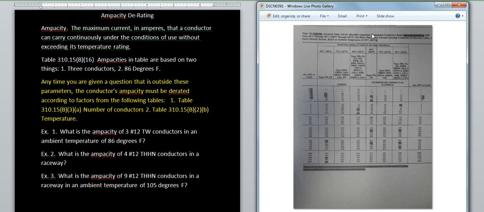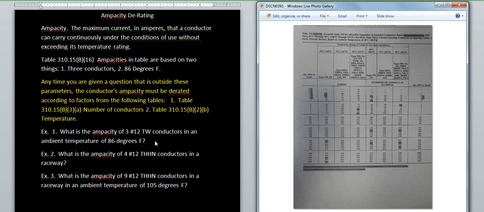If you read the table heading, you'll find that these ampacities agree with 3 current carrying conductors in a raceway and at an ambient temperature of 86 degrees. So there's no derating that is necessary here.